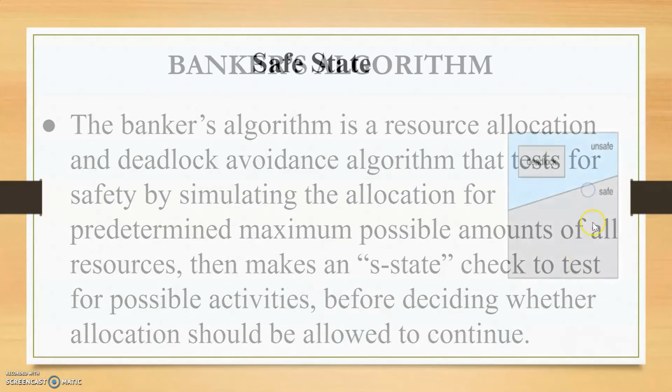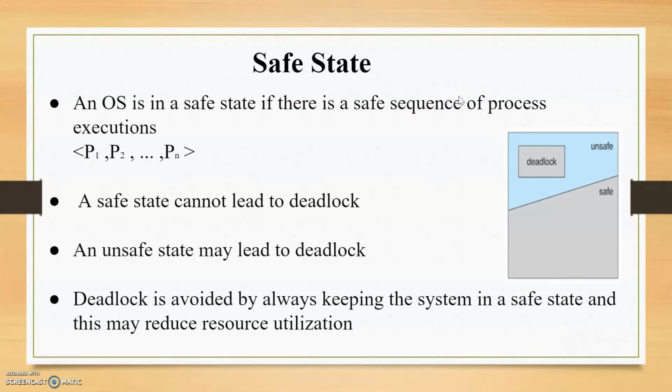The last one, safe state. An OS is in a safe state if there is a safe sequence of process executions, for example, P1, P2, and so on to Pn. A safe state cannot lead to deadlock, and an unsafe state may lead to deadlock.